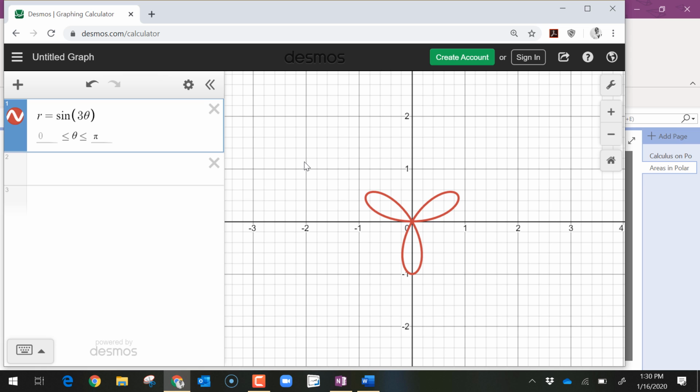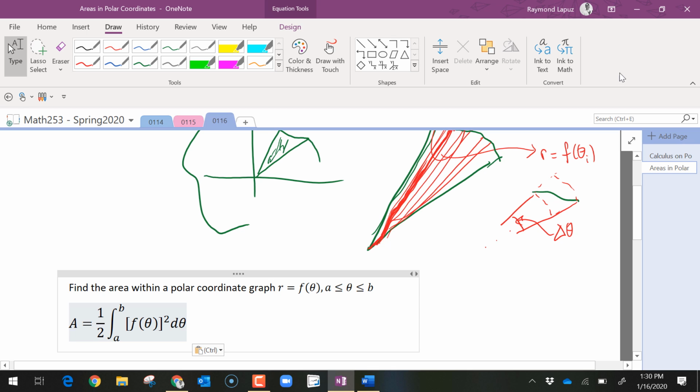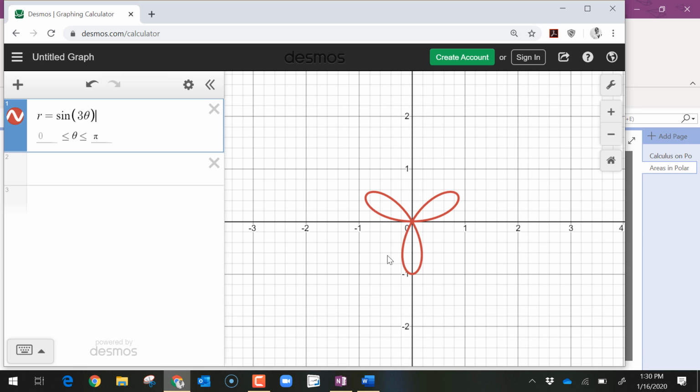So what are we talking about in our lecture? Areas. Oh, areas. Let's find areas. Let's say we wanted to find the area within one leaf of this. So let's draw this, or better yet, let's just copy this.